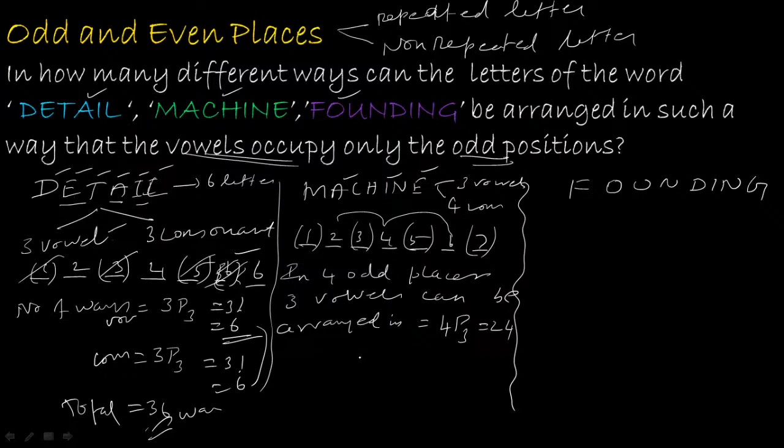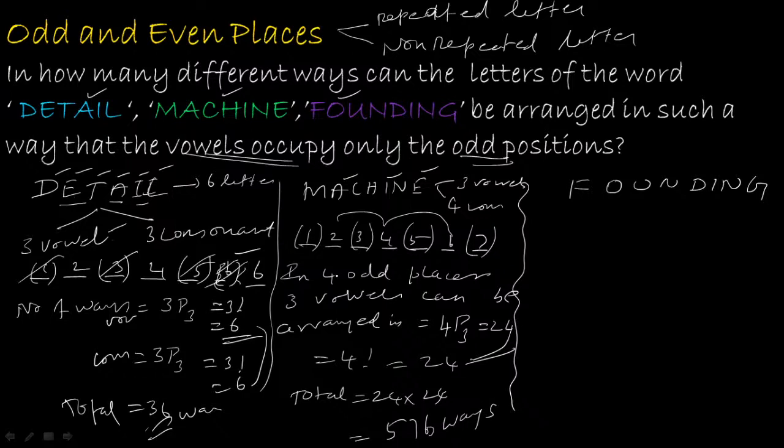The 4 consonants can be arranged in the remaining 4 positions in 4 factorial ways. That is 24 ways. So the total number of arrangements is the product of these two. So the total is equal to 24 times 24, that is equal to 576 ways.